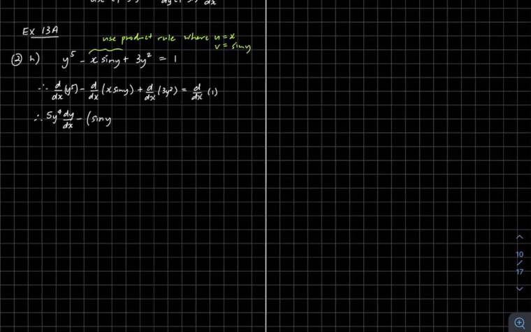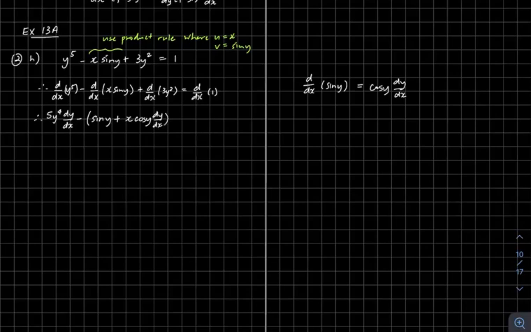So that would just be sine y, and then plus, so we've done v du/dx, now we're going to do u dv/dx. So u is x, and then we're differentiating sine y. We're taking the derivative of sine y with respect to x. So that's going to be the derivative of sine y with respect to y, which is cos y, times dy/dx. That's our chain rule there. So it's going to be cos y dy/dx.